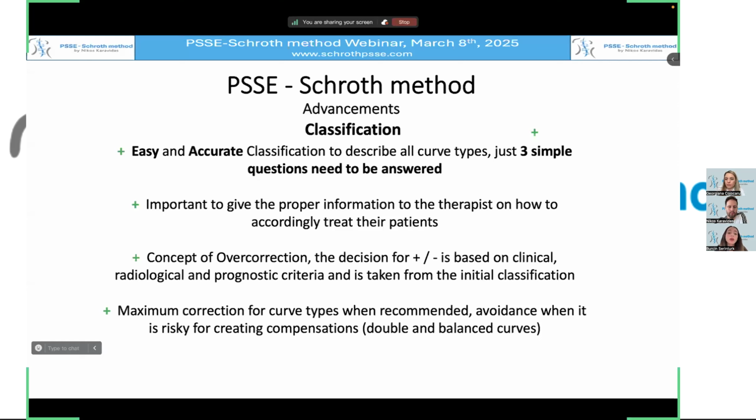But in our classification, in our method, we do not take the risk to create any compensation or trigger the other curve, because we do not accept to sacrifice another curve in order to correct the main curve. But at the same time, we do not miss the opportunity of reaching the best correction for the main curve. You will understand me later.